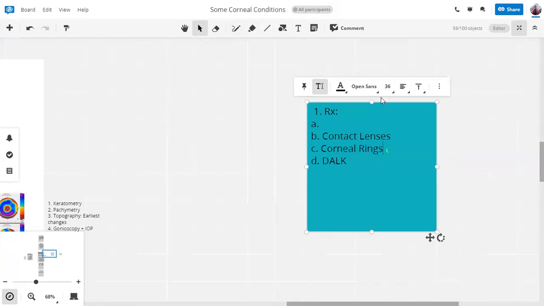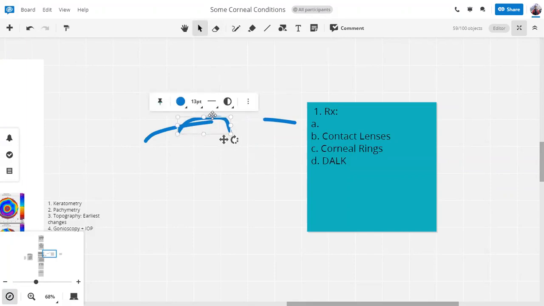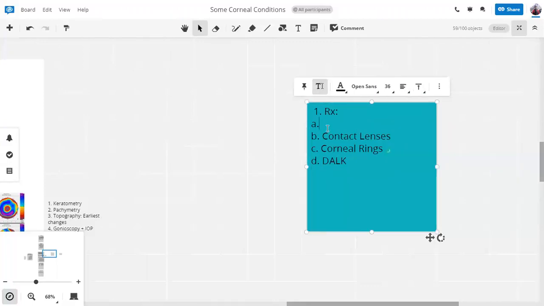Basically, what corneal rings do is that in an abnormal curvature or a keratoconus, these corneal rings are inserted over here and they compress the cornea. थोड़ा सा इसका लंबा concept है. And all you need to know is that they flatten the curvature of the cornea. In simple terms, they flatten the curvature and they help. So we have contact lenses, we have corneal rings, we have deep anterior lamellar keratoplasty. और क्या हम treat कर सकते हैं?